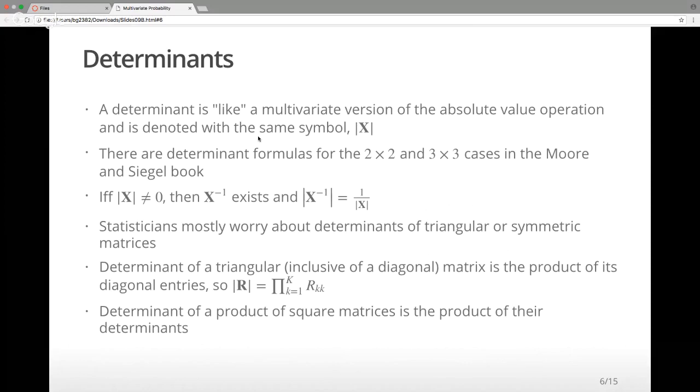As statisticians, we're mostly going to worry about determinants of triangular matrices or symmetric matrices. For today, I think only triangular matrices. And a determinant of a triangular matrix, which includes diagonal matrices, which are both upper triangular and lower triangular, is equal to the product of its diagonal entries.